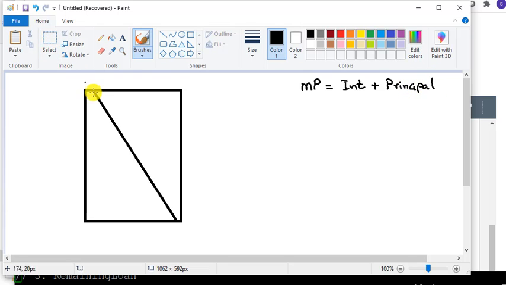So the monthly payment will remain the same every month. Every month is the same. This is the monthly payment. But the banks always take a chunk of the interest at the beginning of the loan.